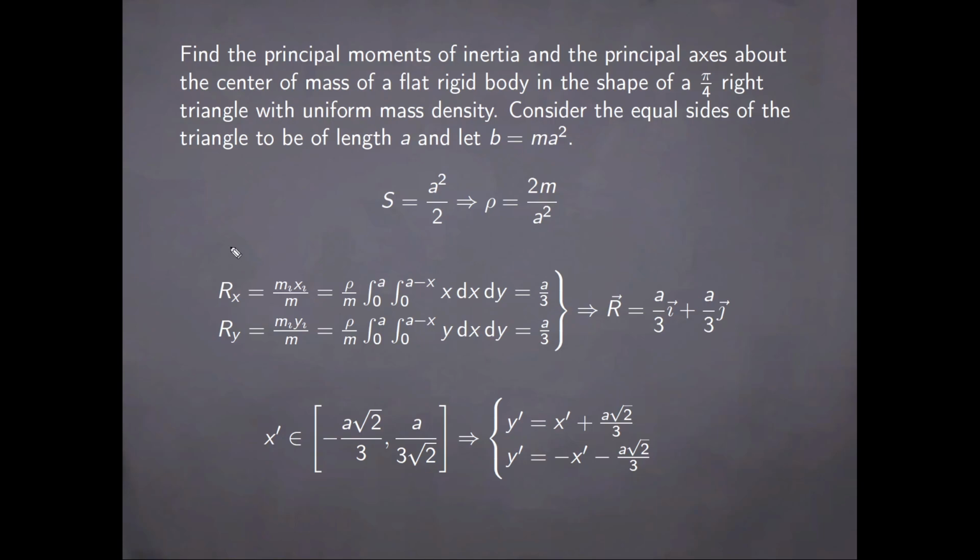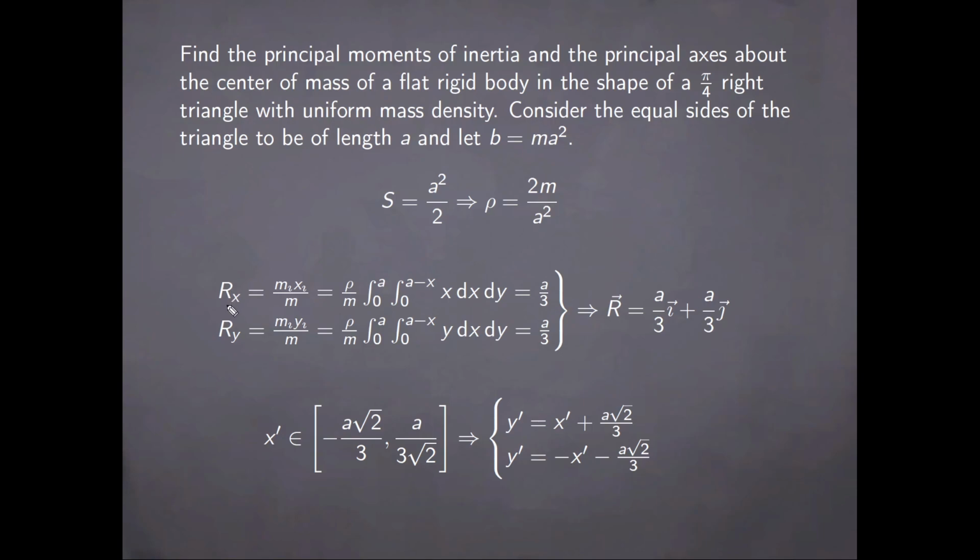And then consider that one of the vertices of the triangle is at the origin of the coordinate system, and that the two equal sides of the triangle are oriented along the x and y axes.